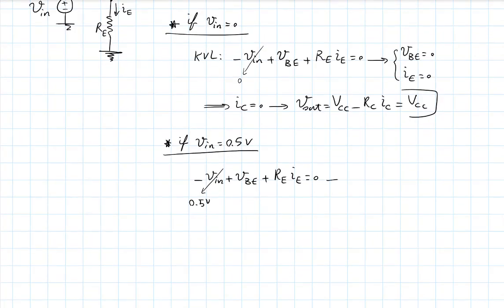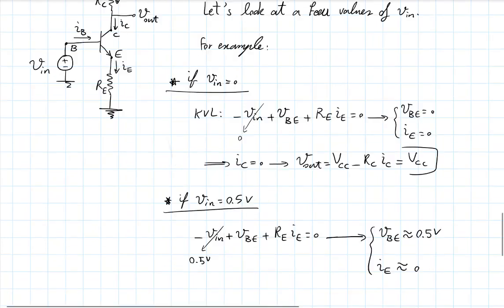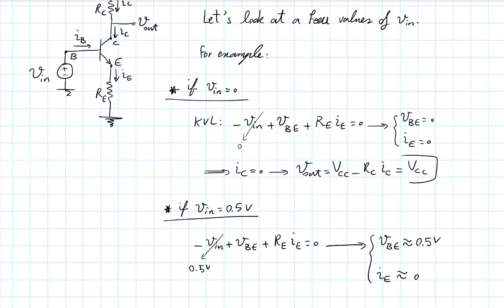And why is that? Because 0.5 volts on that VBE is not enough to turn that diode on to any substantial degree. It's just starting to feel like it should turn on.